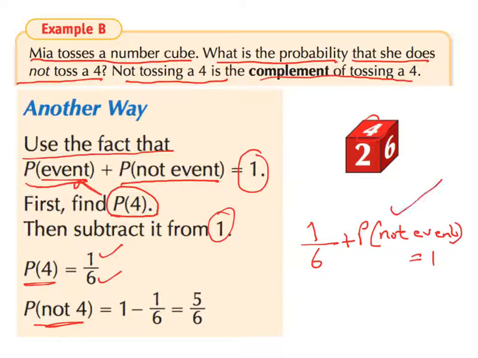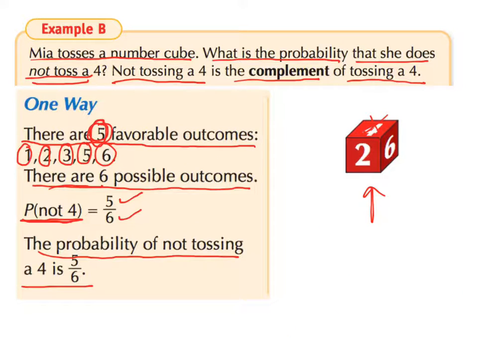So P of not 4 is going to be 1 minus 1 over 6. And we learned how to subtract fractions, so it's going to be 5 over 6. This is one way of doing it. This is another way of doing it.